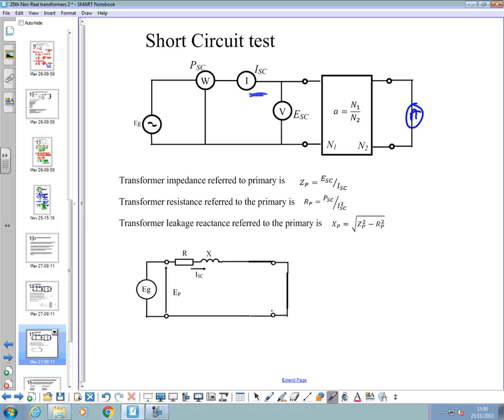Okay, and the leakage reactance can then come from Pythagoras' theorem with those two values.